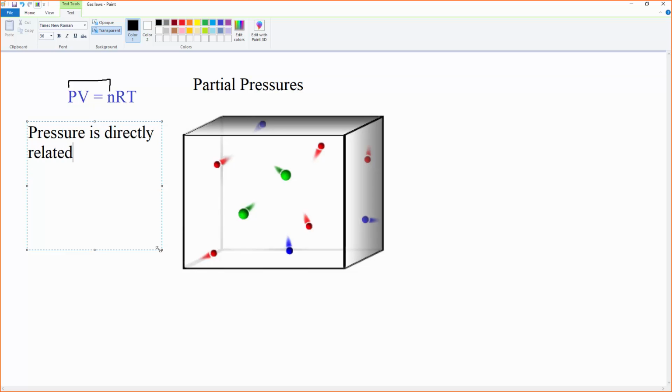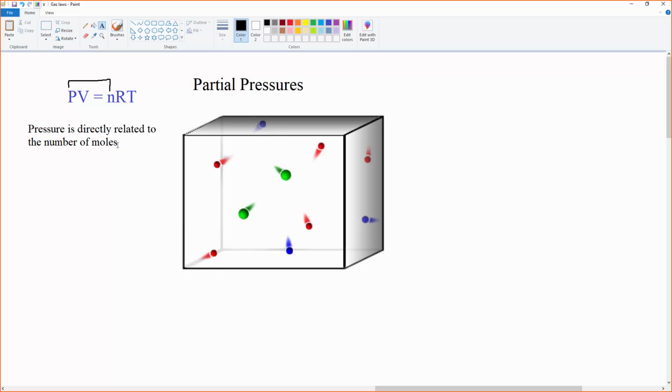Hopefully not a surprise, because pressure, as we learned, is collisions, and the more moles of gases you have, the more collisions you're going to have. That makes perfect sense, right? Everything else being the same, if volume and temperature are constant, if I have more moles, I will have more pressure. That makes perfect sense.